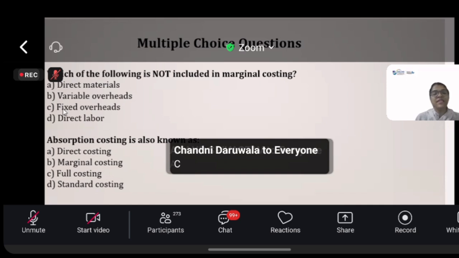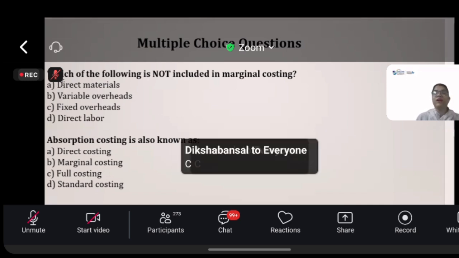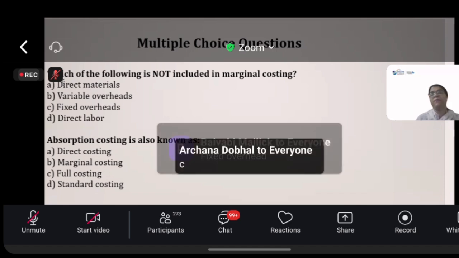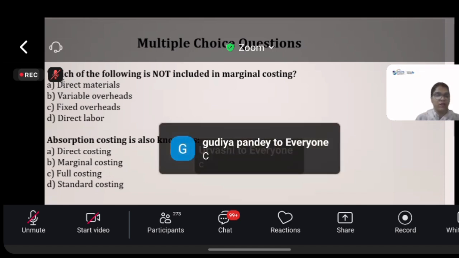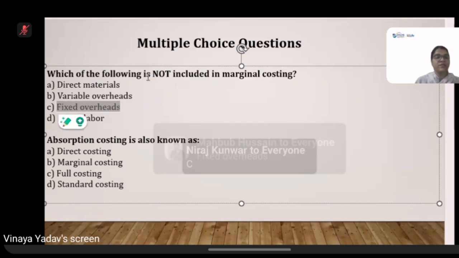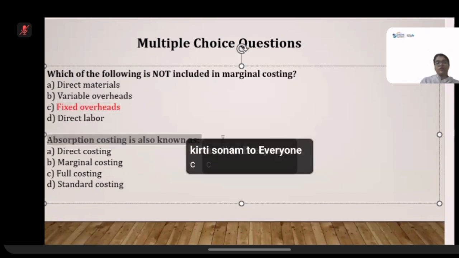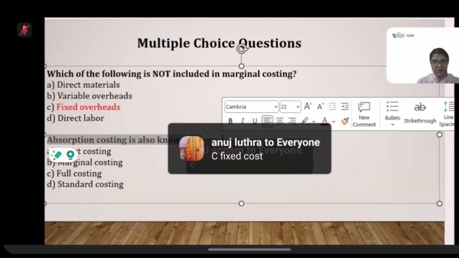The answer is C. Yes, because in marginal costing what do we consider? Again and again I am repeating, only variable. So your fixed cost will not be considered. Super, great. Okay.